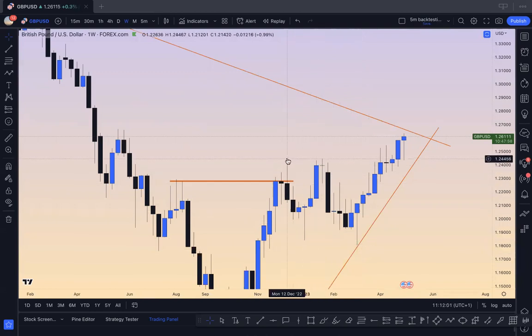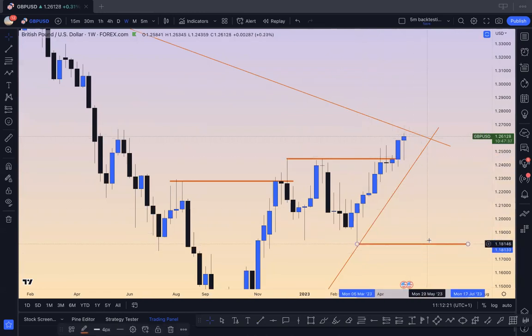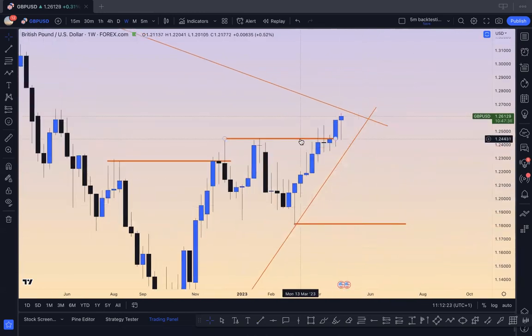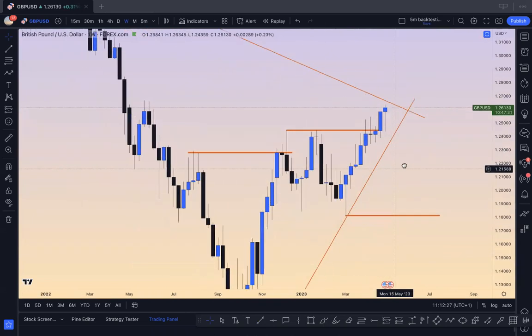Here there was the break of structure. So this is the new high. Well, no, this was the new high because it got broken here. And if I look backwards, this is the new current high. Look backwards, this is the new low. There we go. So this is a BOS. Break of structure.